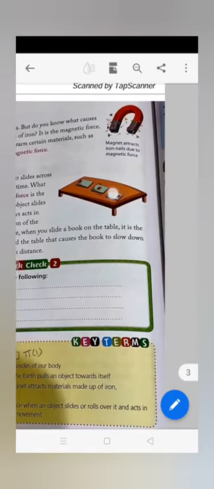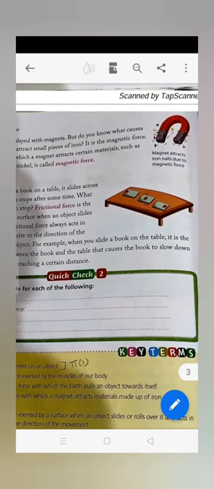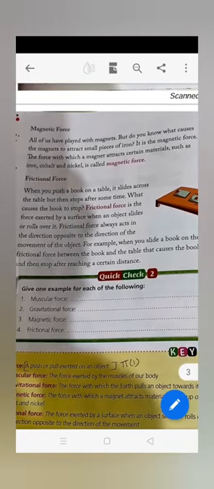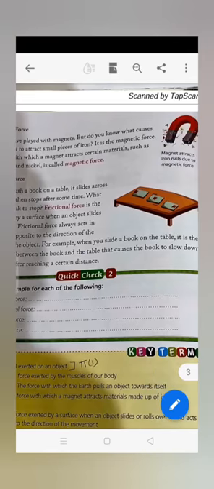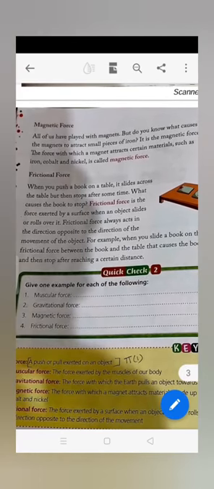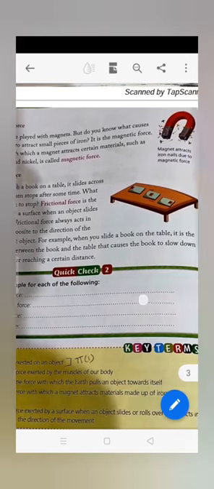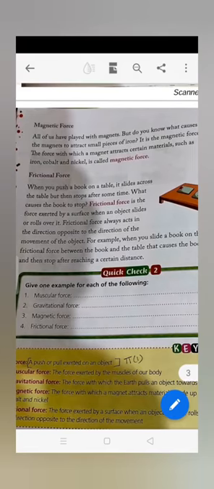If the object moves this way, frictional force will act in the opposite direction. For example, when we slide a book on the table, it is the frictional force between the book and the table that causes the book to slow down and then stop after reaching a certain distance. It is due to the frictional force.